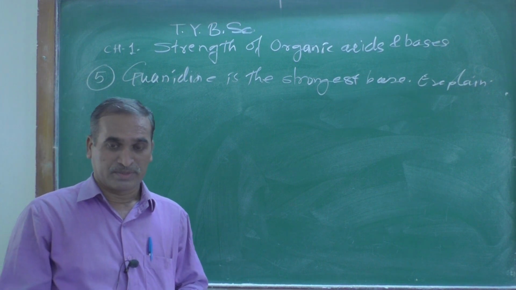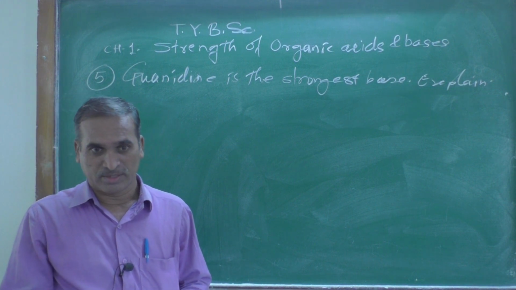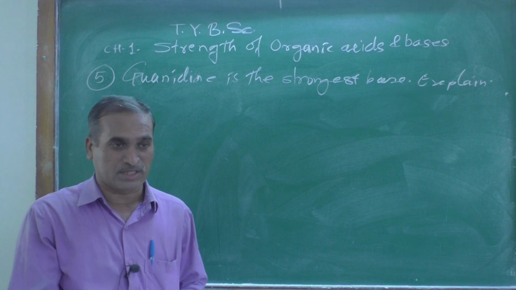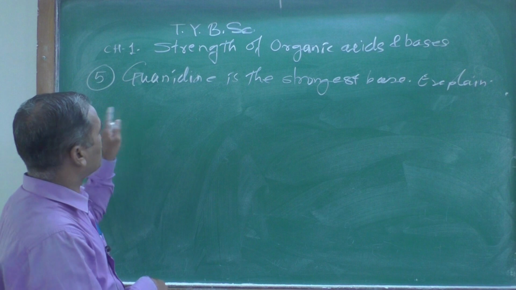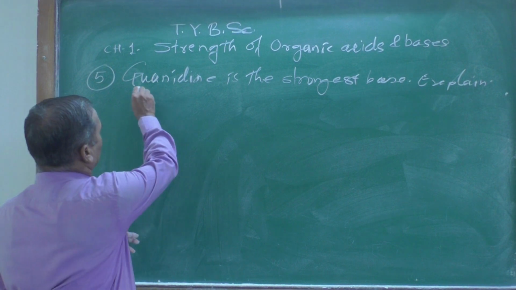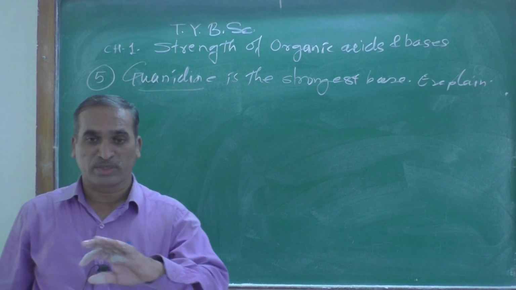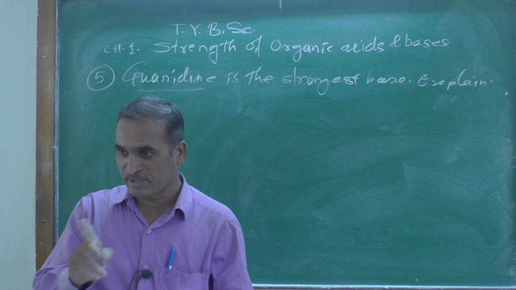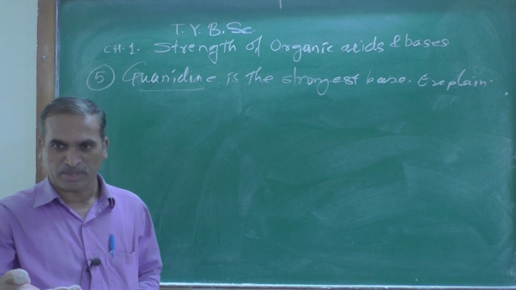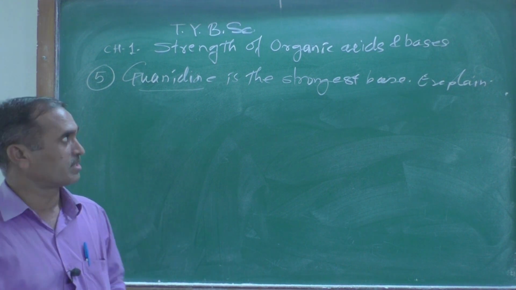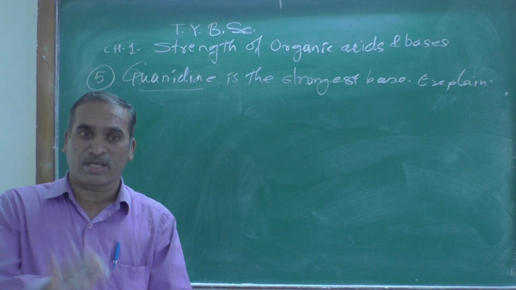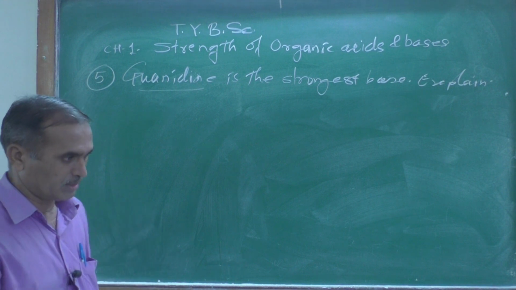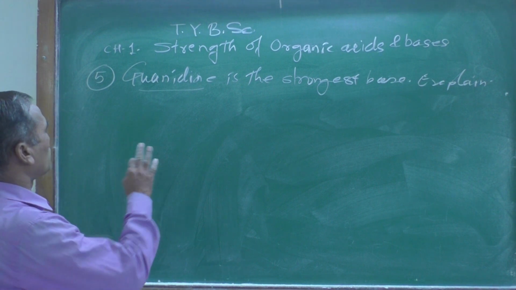And now I am sure more than 60%, now I am increasing by 10%, more than 60% of the students do not know the structure of guanidine, right? So 40% of students may be knowing the structure of this guanidine. While answering an organic question, you must draw the structure.